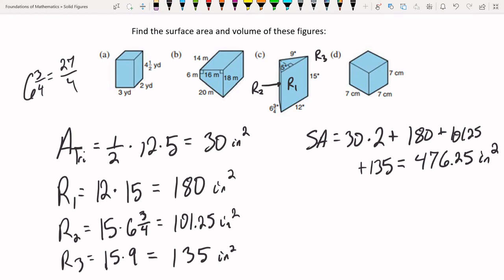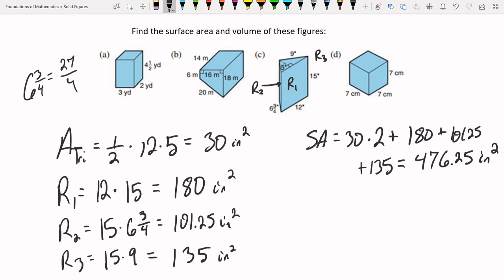Because that's really the whole goal, to understand how to find the different dimensions without being able to take a ruler to the side. That's why all these numbers are given the way they're given, because you can find all the dimensions with what is given. If you couldn't, there'd be no point in doing these problems.